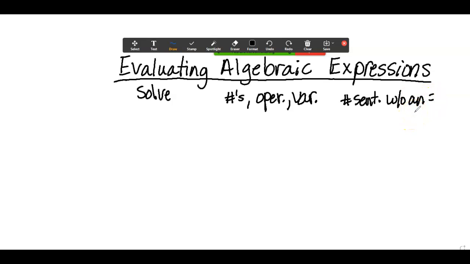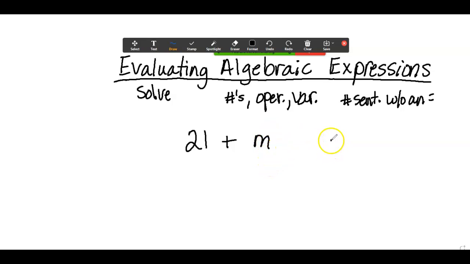So really what that means is I'm going to have an algebraic expression like this one, where I have a number, an operation, and a variable. In order to solve, they're going to tell me what the m is representing.